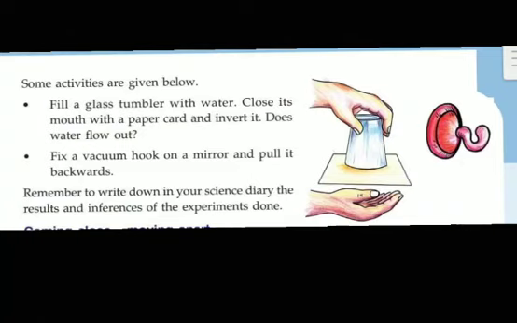So this pushes the vacuum hook and it fixes onto the mirror. That is why we cannot pull it. Even when we pull it, it's not coming off, because the atmospheric pressure outside is fixing it firmly onto the mirror. So these are the two experiments which show the atmospheric pressure.